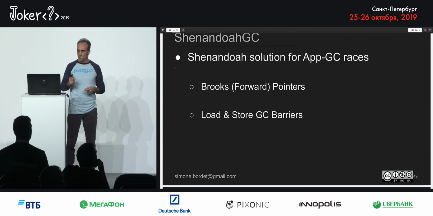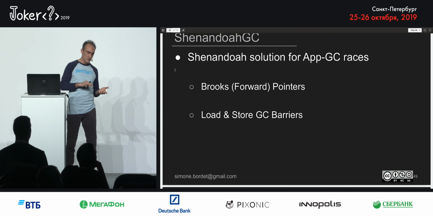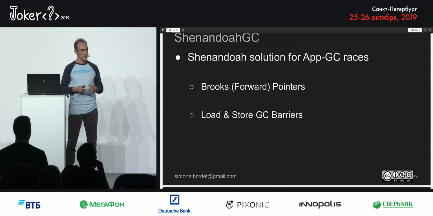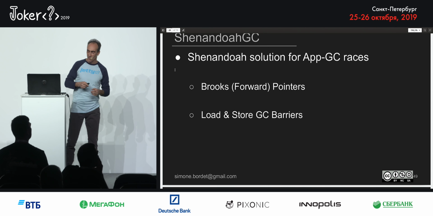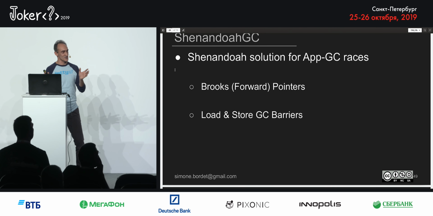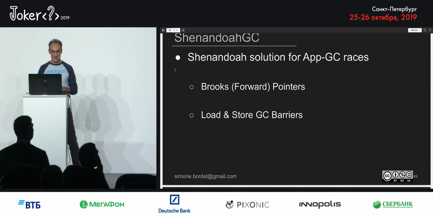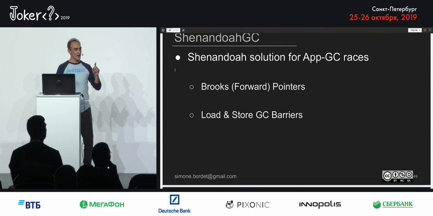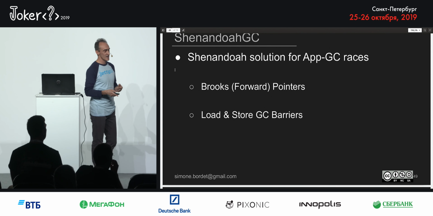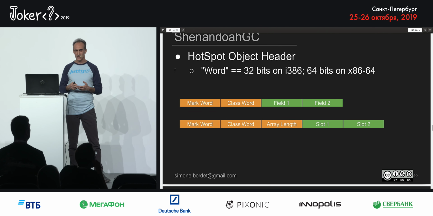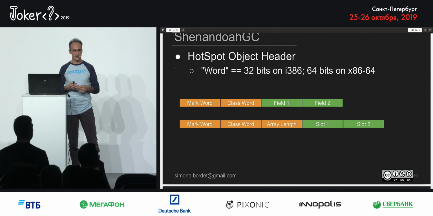In this particular case, Shenandoah uses load, store, a combination of the two, or we will see just one of the two, because there are two versions of Shenandoah, which I will go into in a second. But before I go into that, in order to explain what a Brooks pointer is, I need to explain how HotSpot lays out objects in memory.